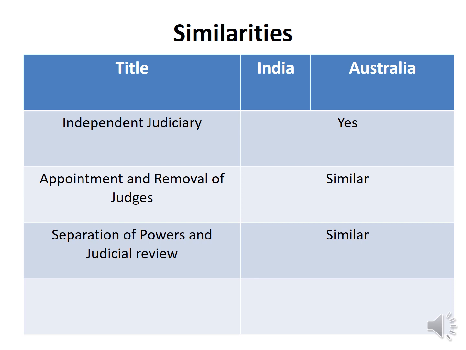Appointment or removal of judges, similar. We have the process of appointment and removal similar in both the countries, Australia and India, and separation of powers and judicial review, same here and in Australia.